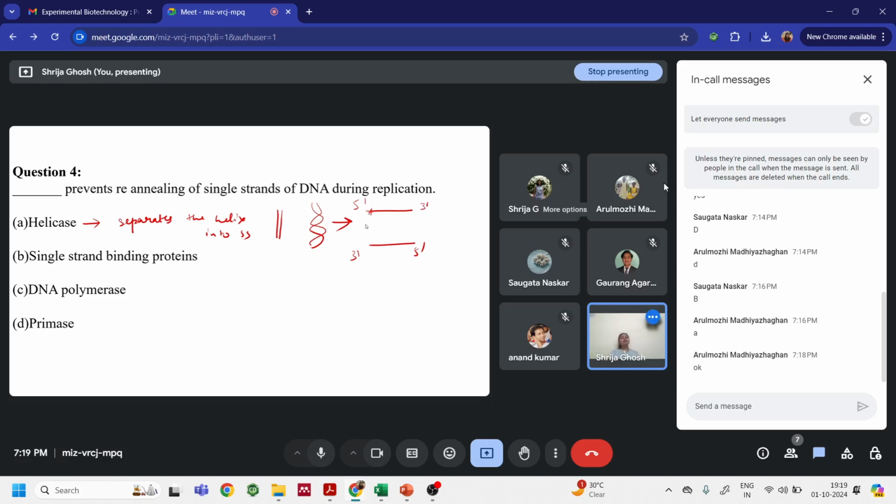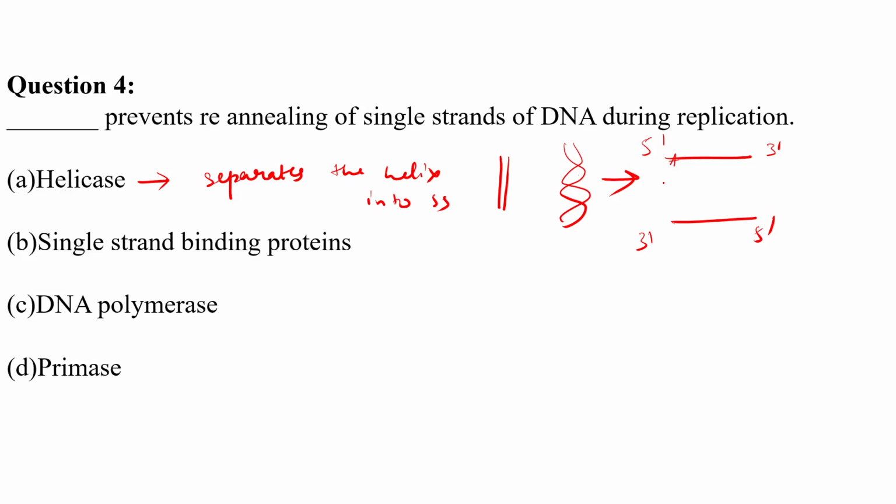So to actually stop that, we have single strand binding proteins. Basically what these single strand binding proteins do is bind to these single strands of the DNA, and it prevents the hydrogen bonding from happening. So it prevents re-annealing of the single strands.